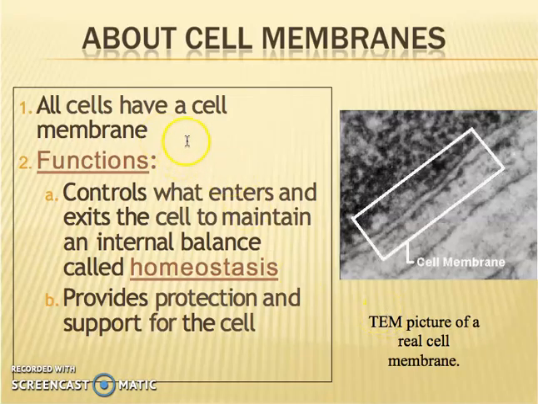Then it says that all cells have a cell membrane. Its function is to control what enters and exits the cell to maintain an internal balance called homeostasis. Homeostasis is a mechanism which is responsible to maintain the internal environment of a cell. In any environment, if the requirements or the components which are required in a specific percentage are not properly met, then what happens?